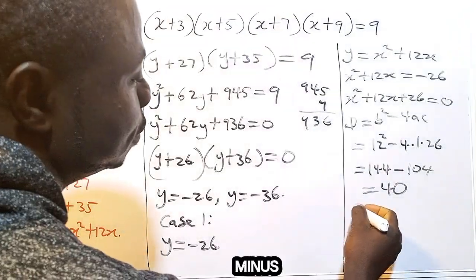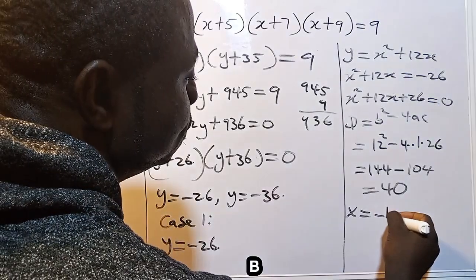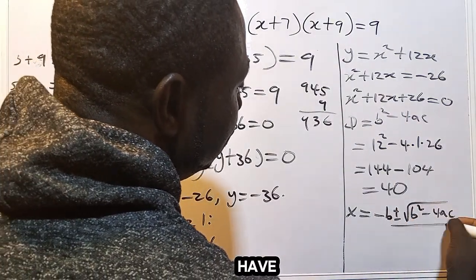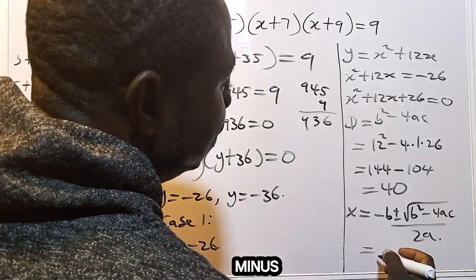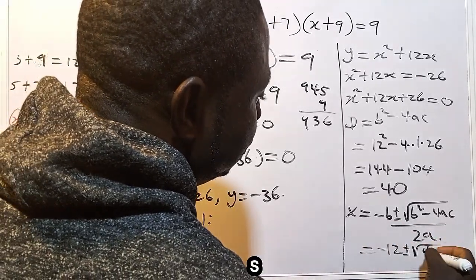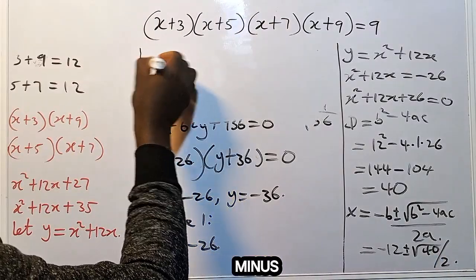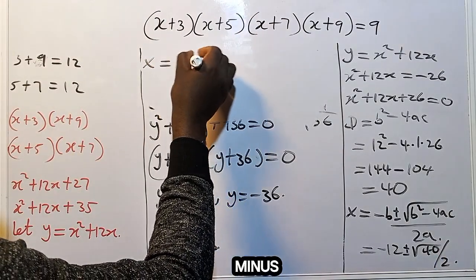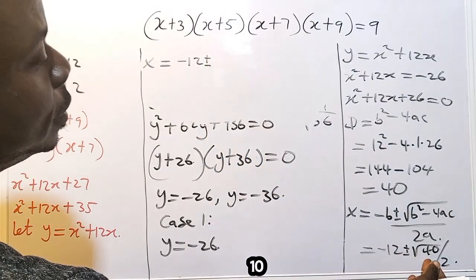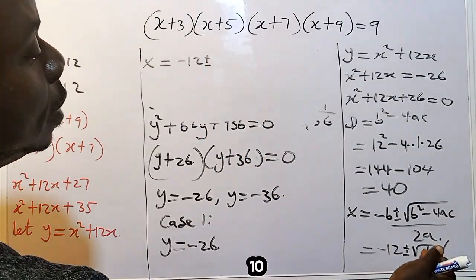Then, when you introduce the quadratic formula, which is minus b plus or minus square root of b squared minus 4ac all over 2a, you now have minus 12 plus or minus square root 40 all over 2. Now, square root 40 is square root of 4 times 10, and square root 4 is 2.